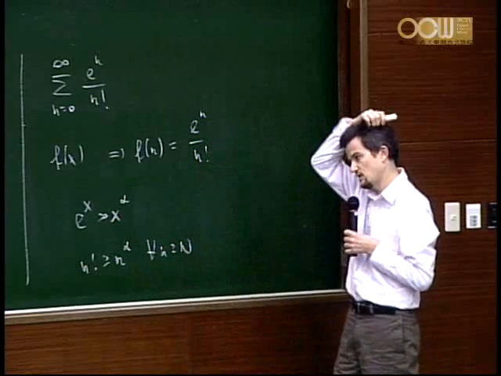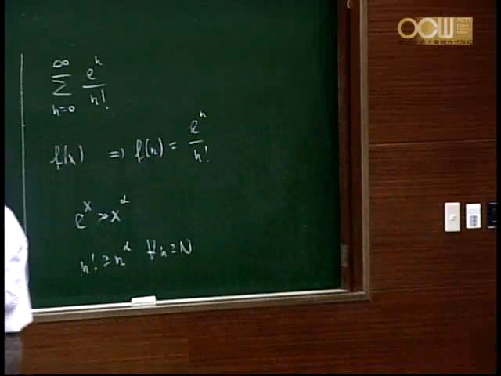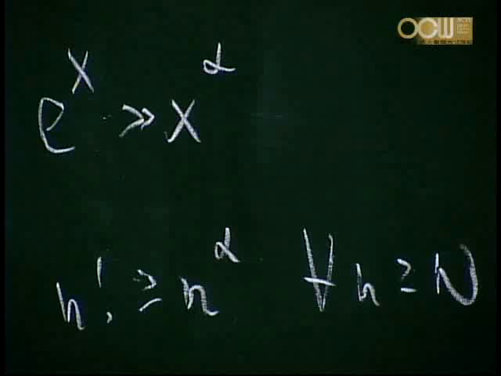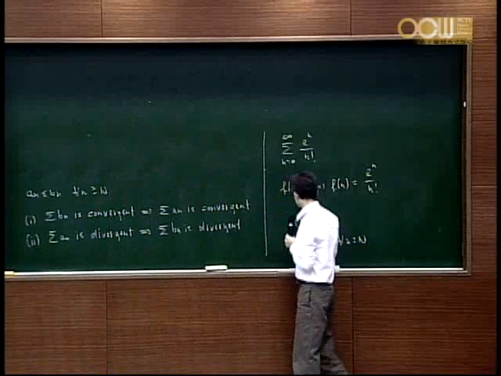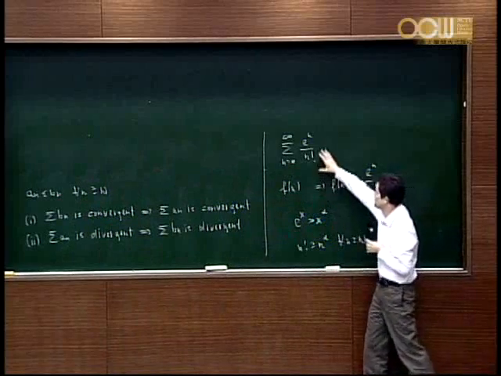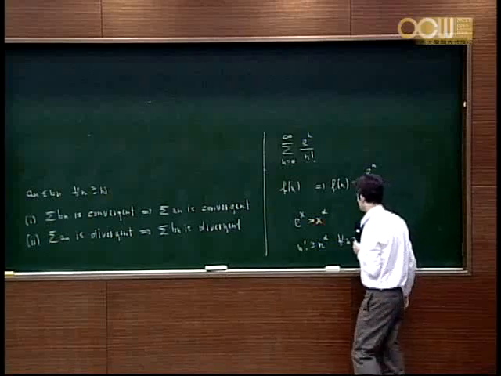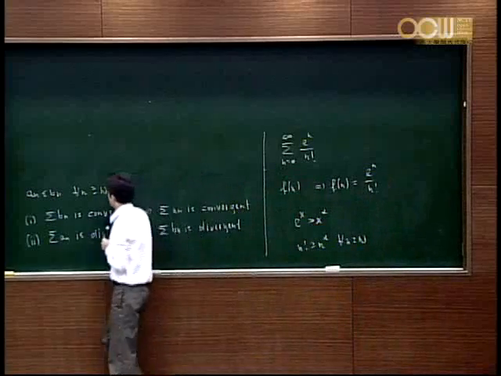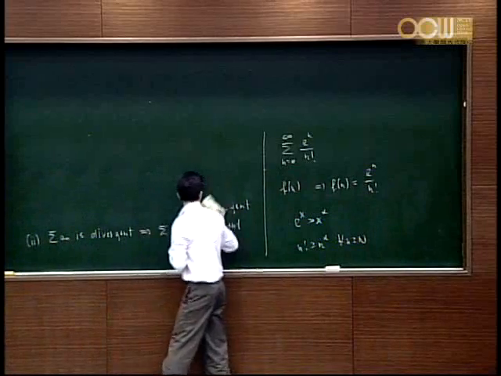This is what you expect, but of course we have to make this more precise. Once you have observed that n factorial increases to infinity very quickly, you see that the terms will go to 0 very, very quickly, and you will easily get the guess that this series should be convergent.